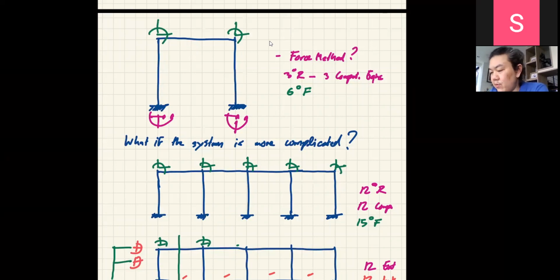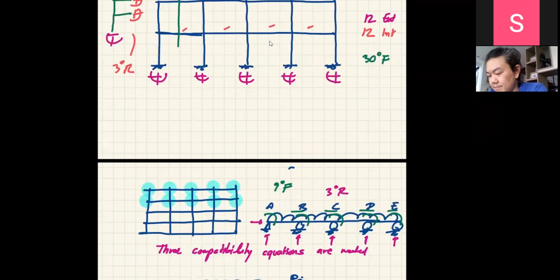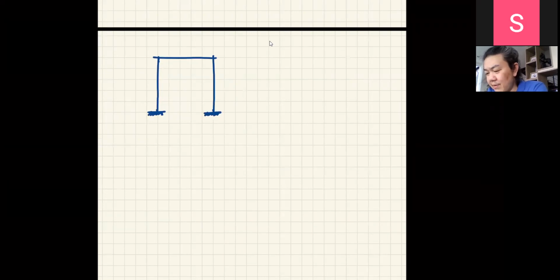So I'm going to revisit this one again. To avoid confusion, let me draw it here. Now, from this one, in the beginning, you know that there is the horizontal movement, the vertical movement, and the rotation of the joint.